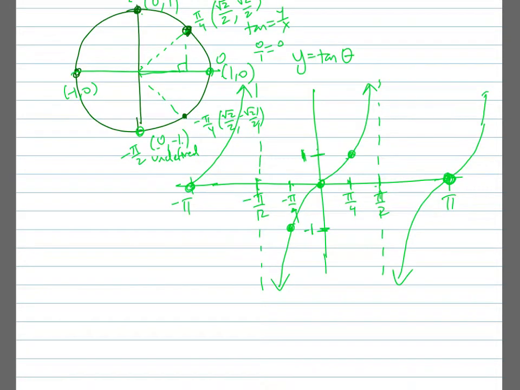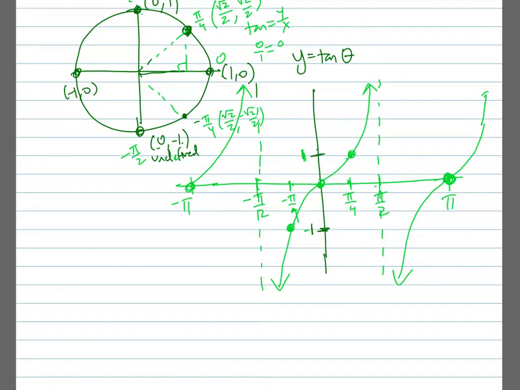So draw a unit circle here. You won't have to do anything beyond just this graph. Negative 1, 0, 0, 1, 0, negative 1. Okay, we're graphing tangent. So now this graph is going to be a little bit different.